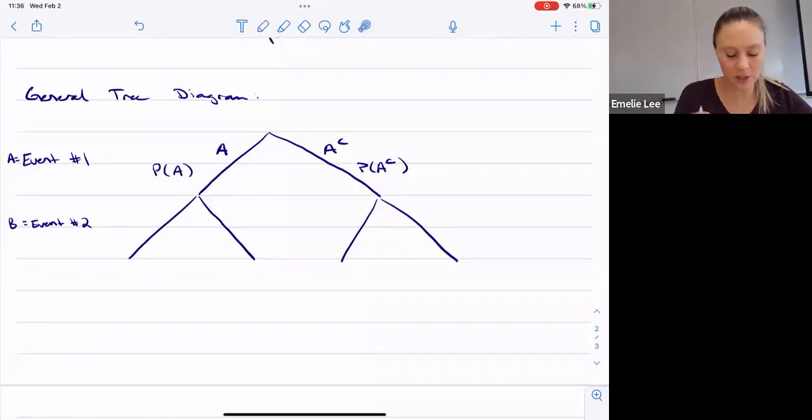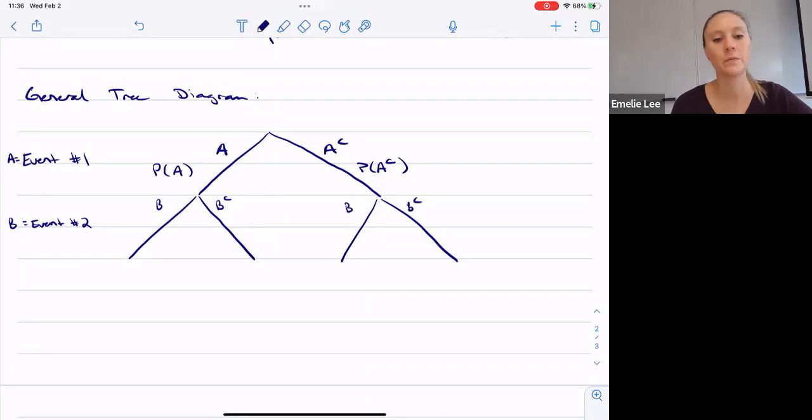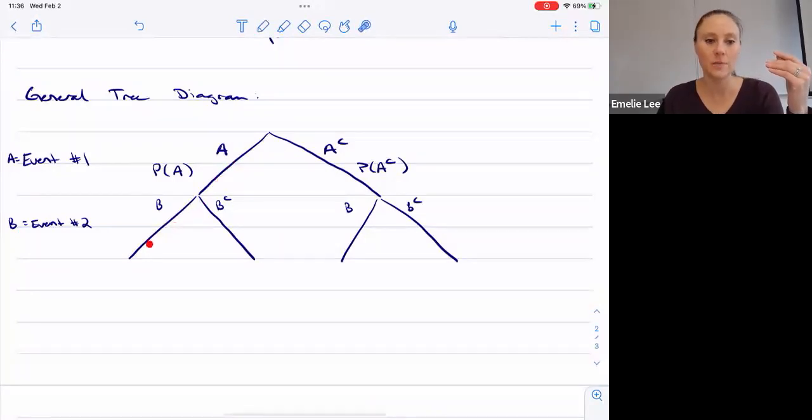So if I let B, and this is just in general, right? If I let B be event number 2, then either B happened or it didn't happen. Right? And then same thing here, B happened or it didn't happen. The difference here is that because we have already let A happen on this branch, then the probability that's underneath this B branch is the probability of B given that A has happened, right?